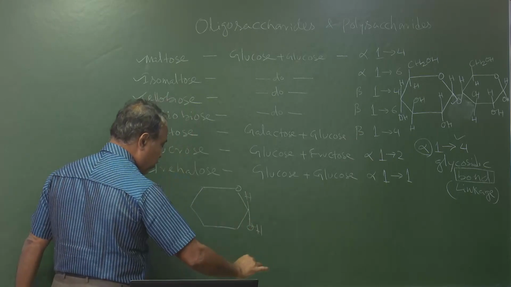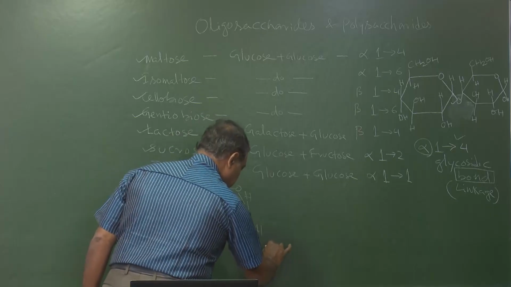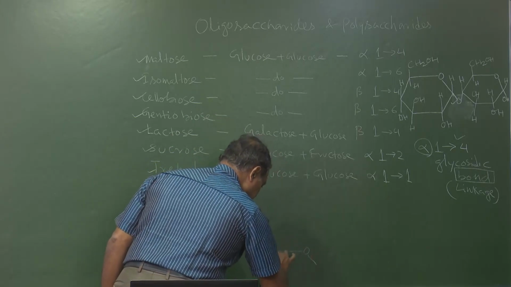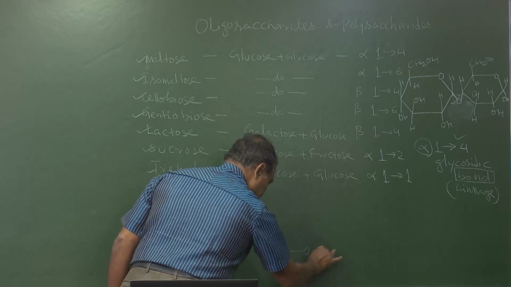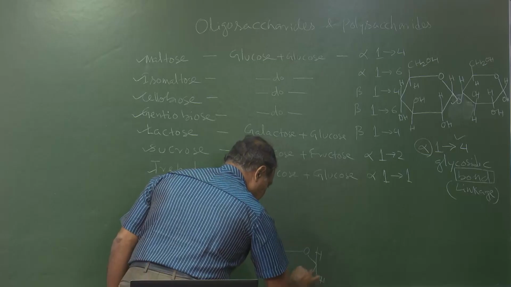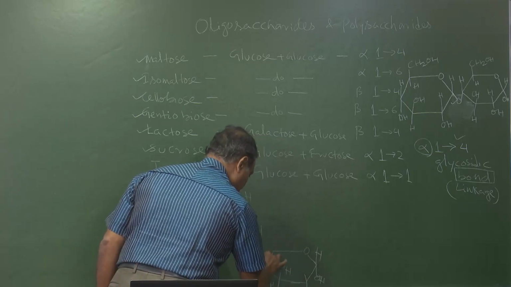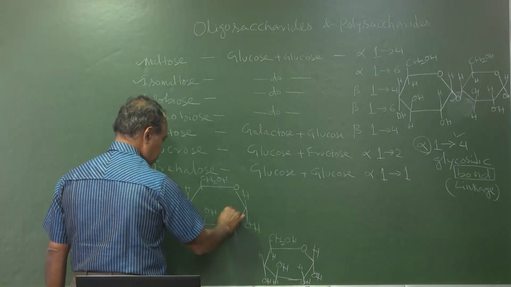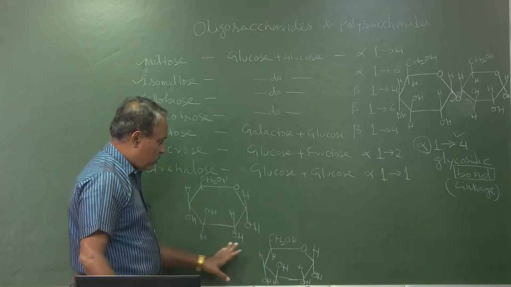Instead of drawing all the substituents, I am just showing here. Both are alpha D glucopyranose.